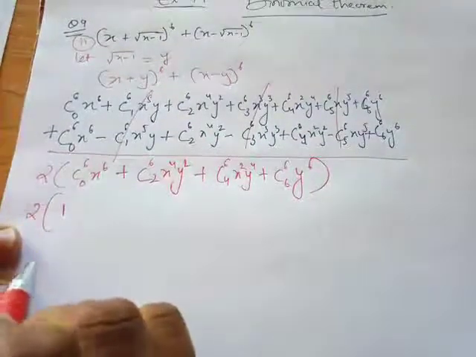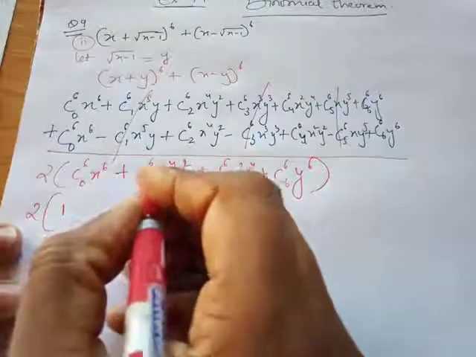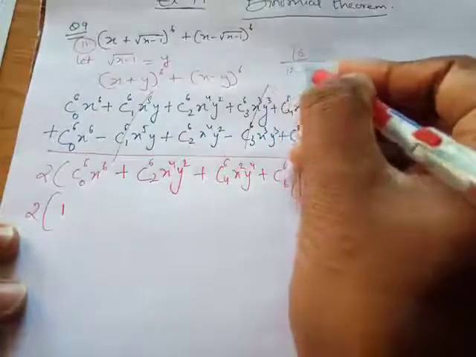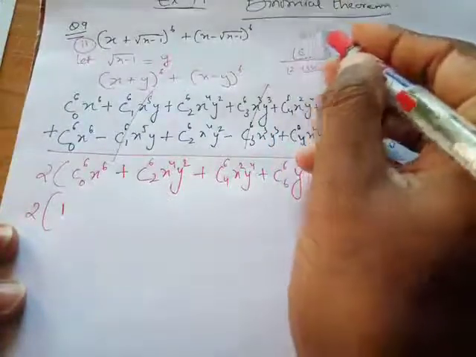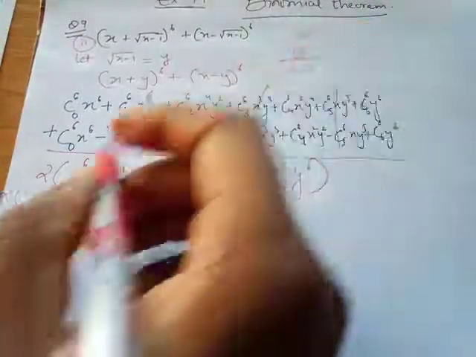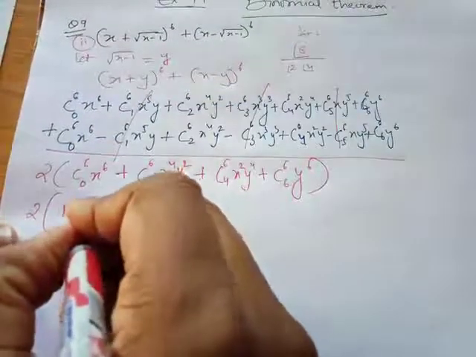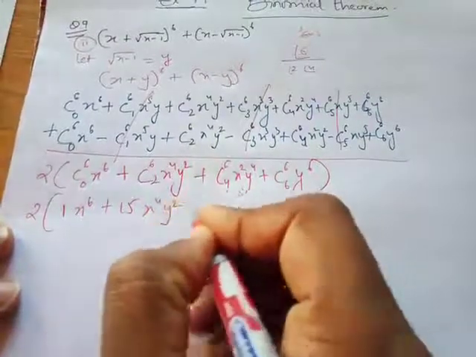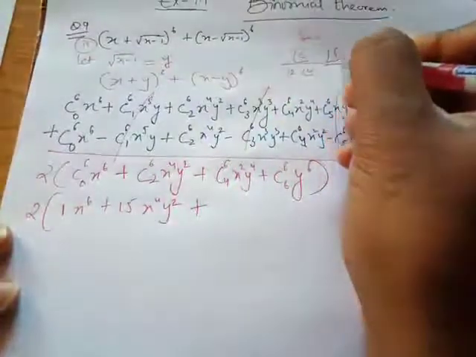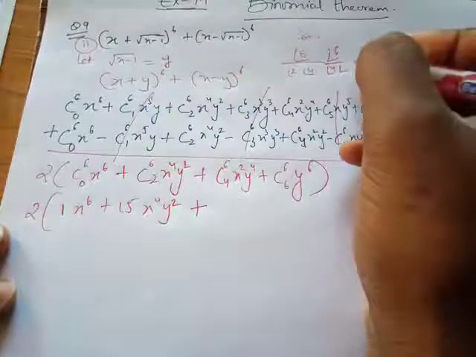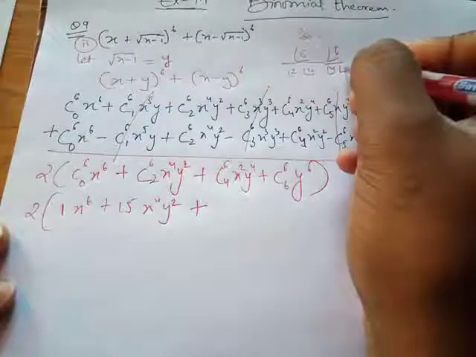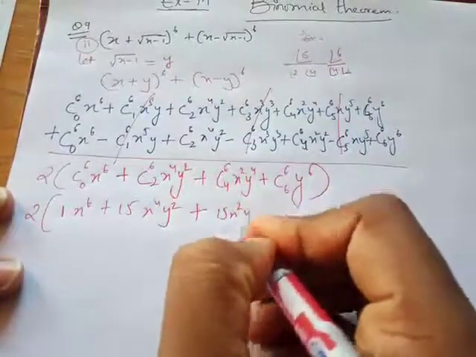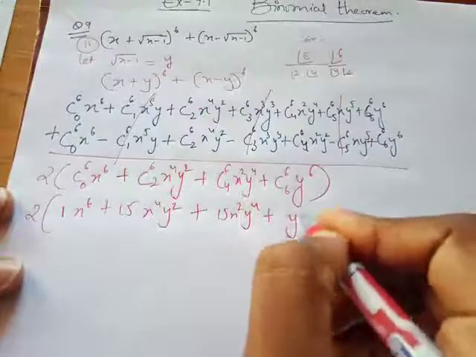This is going to be 1, and this is going to be 6 into 5 by 2, which is 15, x4 y2, plus 15 x square y4, plus y to the power 6.